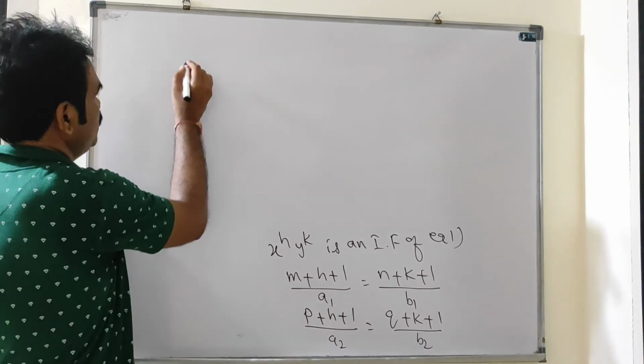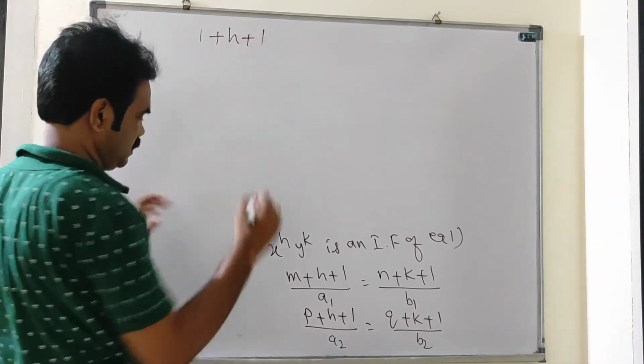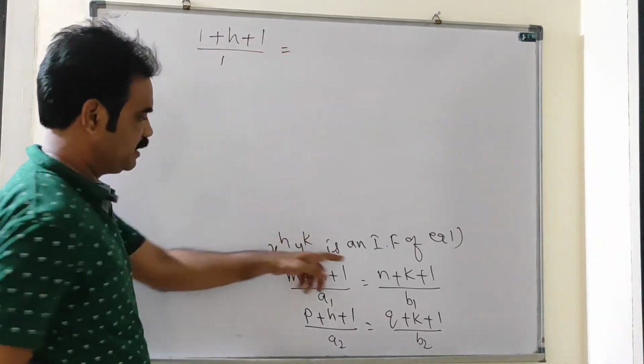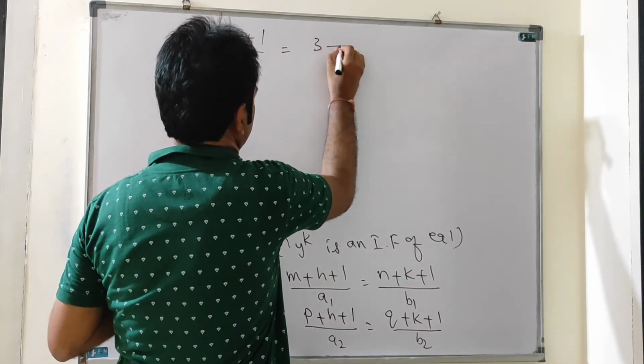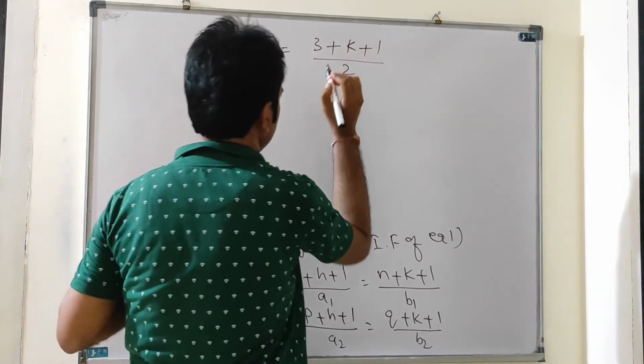Here m equals 1, that means (1 + h + 1)/a1, a1 is 1, is equal to (n + k + 1)/b1, n is 3, b1 is 2.